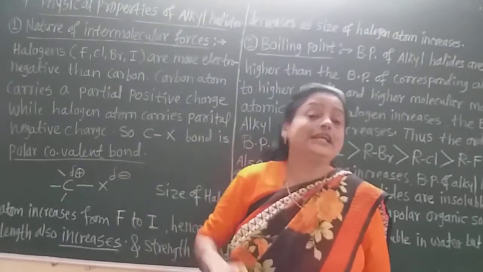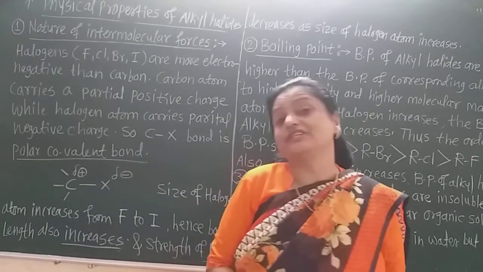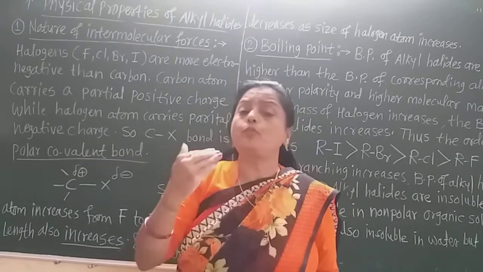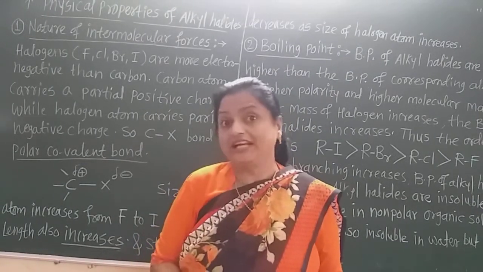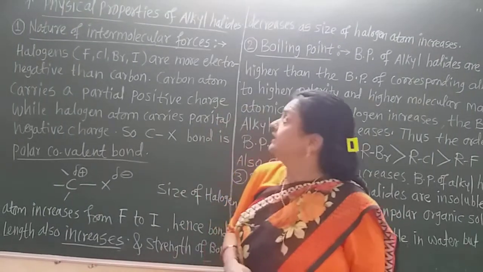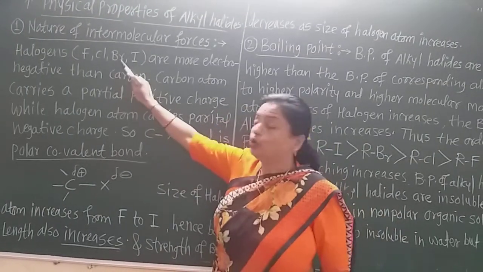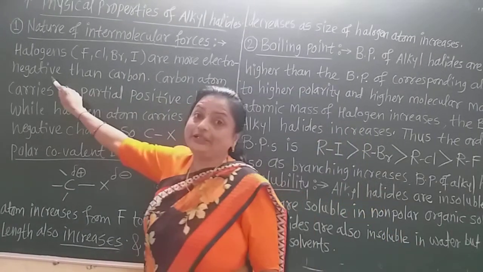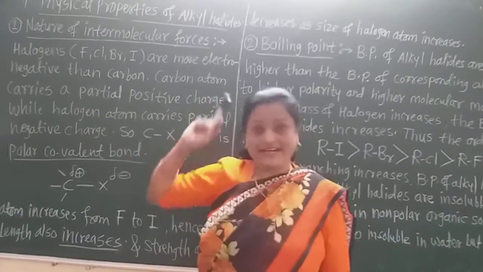In this way the electronegativity of halogens goes. Fluorine is the most electronegative, with an electronegativity value of about 4, which I also told you in element science. These halogens, fluorine, chlorine, bromine and iodine, are more electronegative than the carbon atom.